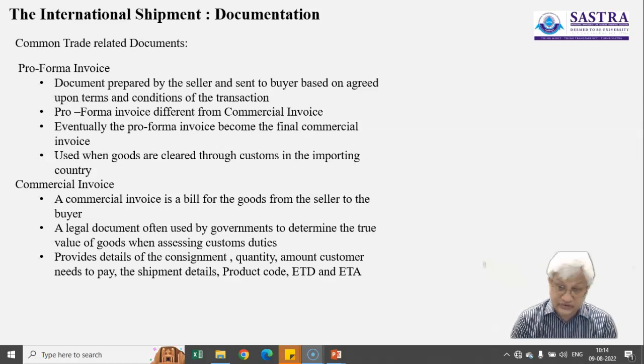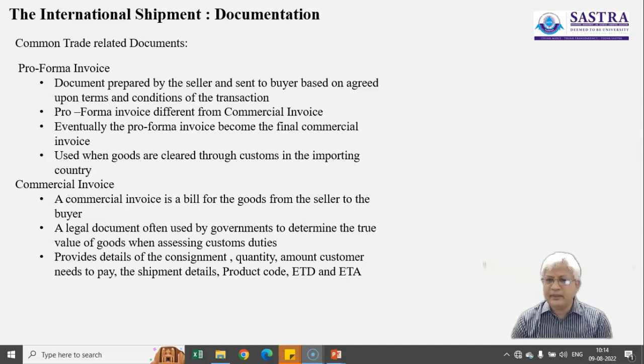In addition to this, the commercial invoice bears some more details. The bank details are also provided because all the payment is routed through the bank, and the buyer and the supplier have to keep track of which banks they have to route it through. Every bank has a code, and some details are given about the bank.